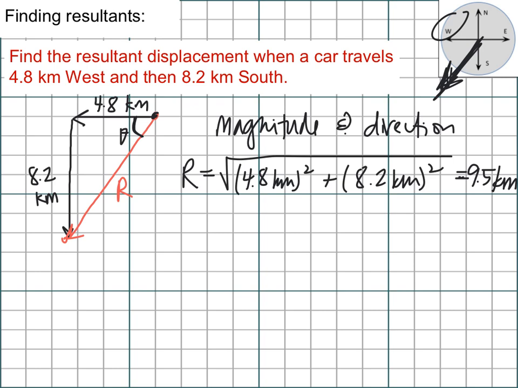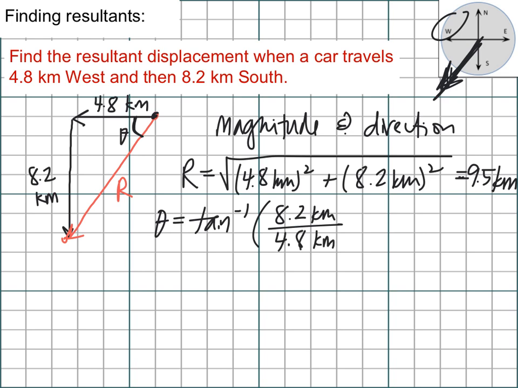All right, so what I know with respect to this angle, I actually know all the sides, but I'm going to go back and use just the original information. The 8.2 kilometers is the opposite, and the 4.8 is the adjacent. So that means my angle should be the inverse tangent of the opposite, 8.2, divided by the 4.8.